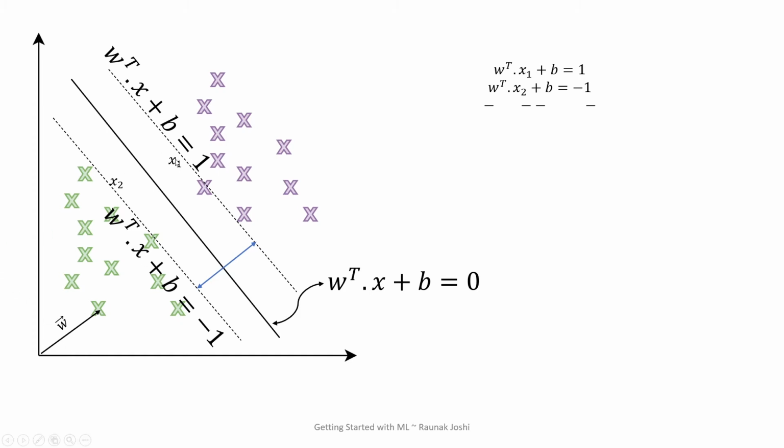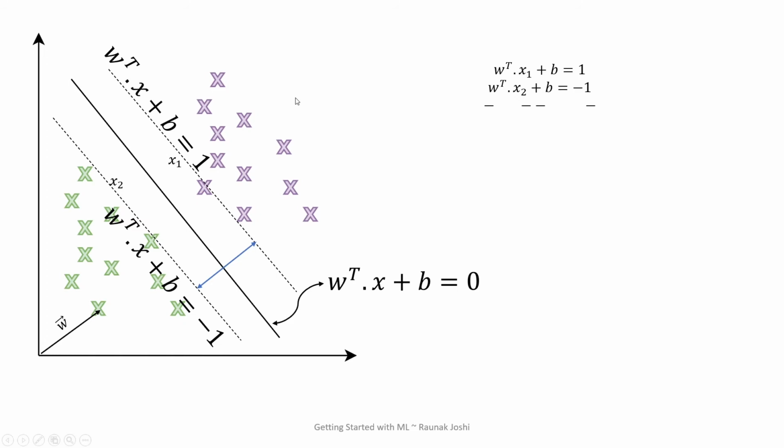X2 and X1 are the two points where my points in the vector space touch the margins. So this W is going to extend to a certain point over here, and then it is going to extend to this certain point over here, which are known as x1 and x2. I am actually trying to find a distance. This distance is going to be the optimal equation for our SVM.